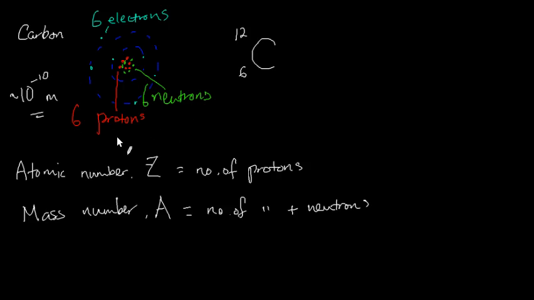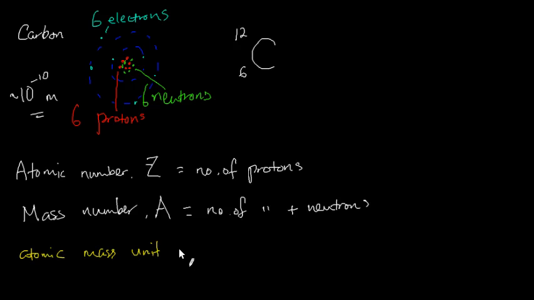Now, because the mass is so small, it is not convenient to use units of kilogram to represent that. So it is often expressed in terms of something called the atomic mass unit.